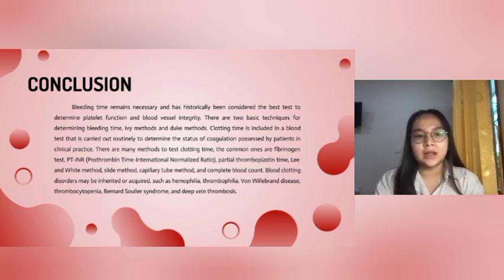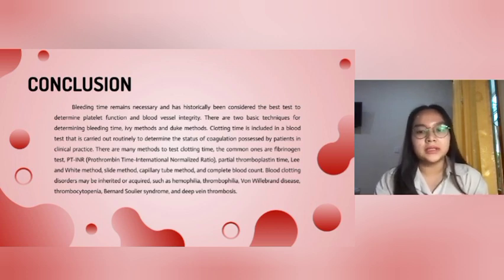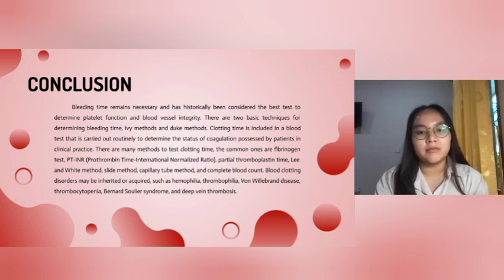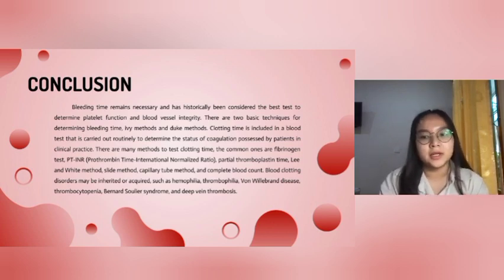Now I want to present the conclusion and advice. Conclusion: bleeding time remains necessary as it has historically been considered the best test to determine platelet function and blood vessel integrity. There are 2 basic techniques of determining bleeding time, the IVY method and the Duke method. Clotting time is included in blood tests carried out routinely to determine the coagulation status of the patient.